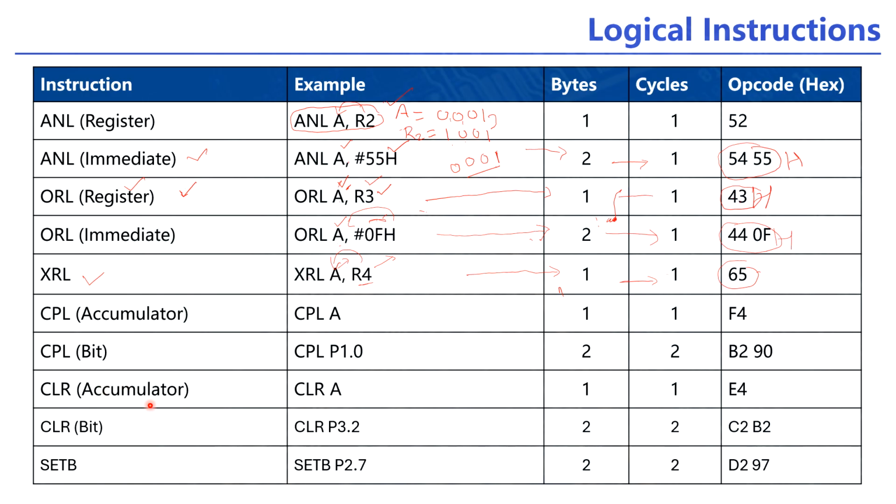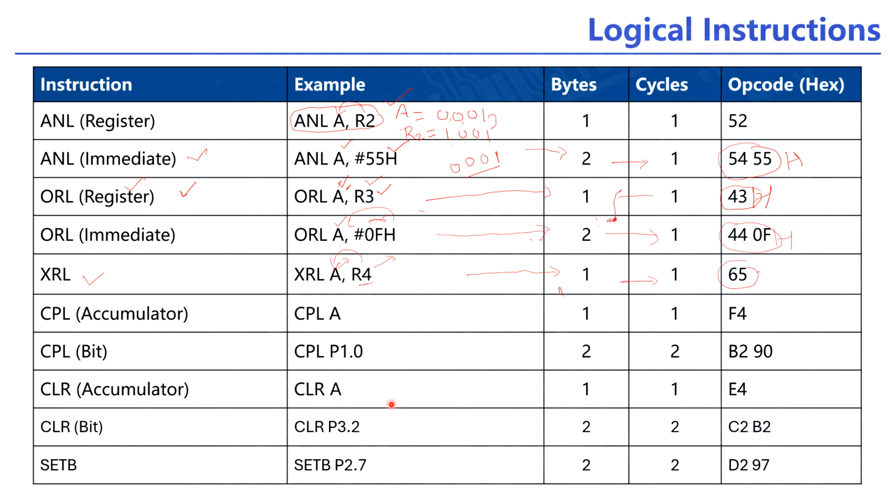In the same way, we can use here the CLR, that is the clear accumulator. Suppose some values are given in the accumulator. So this clear instruction just clears all the values. Now no value is given in the accumulator, 0, 0, 0.